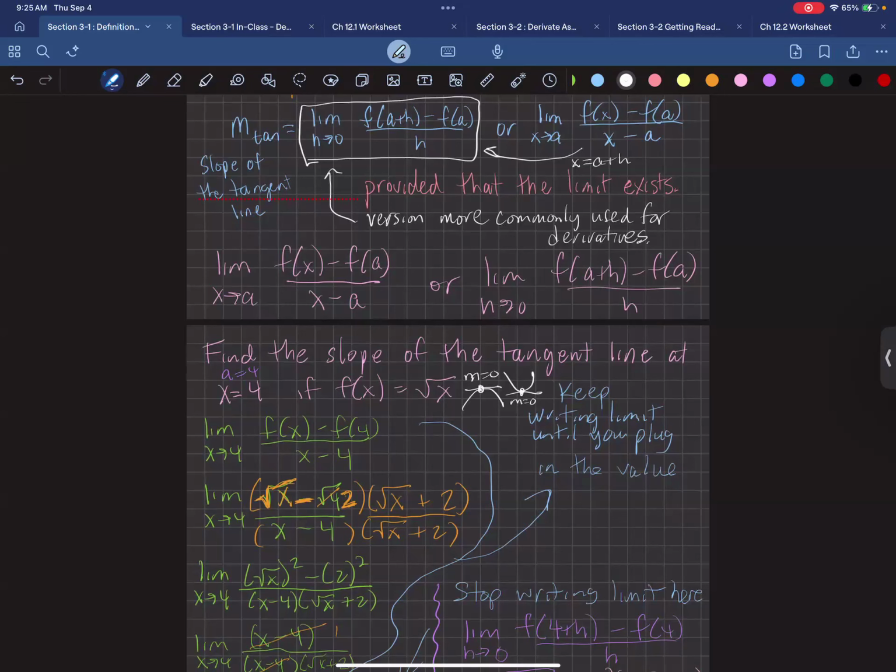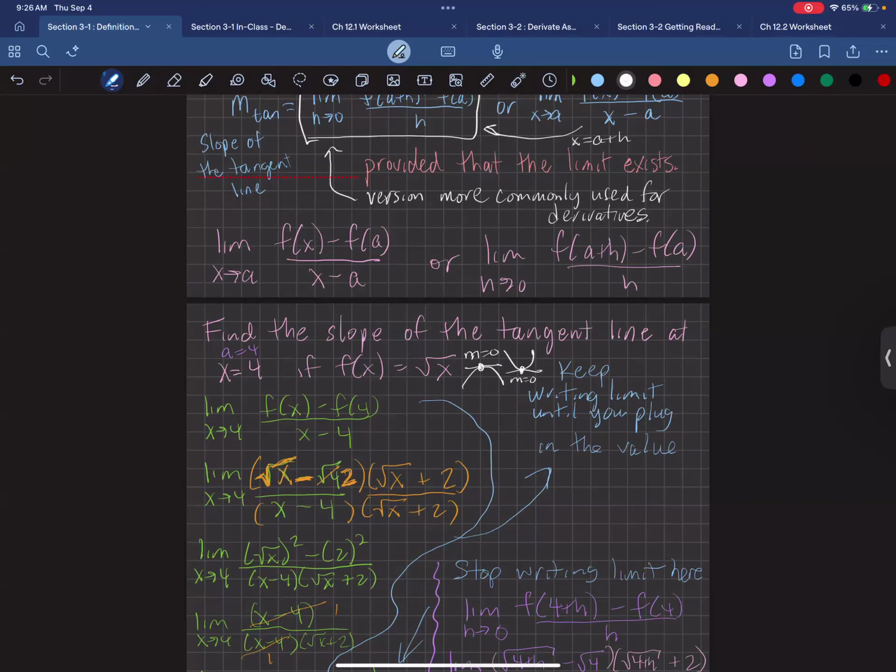And so when we do these, we call this f prime of a. I give an example right here. When we do f of x equals square root of x, we want to find the slope of the tangent line at x equals 4.